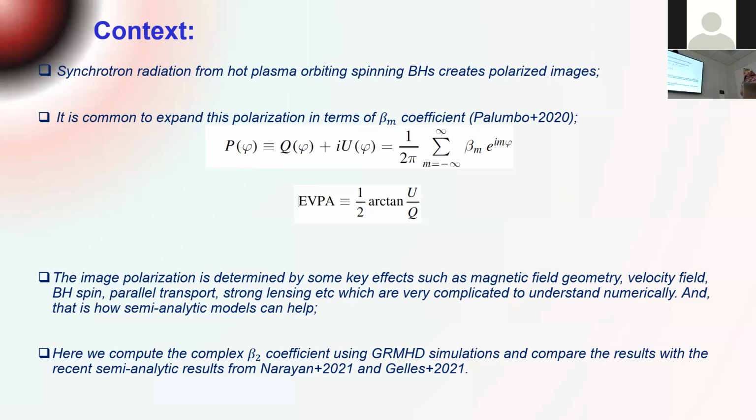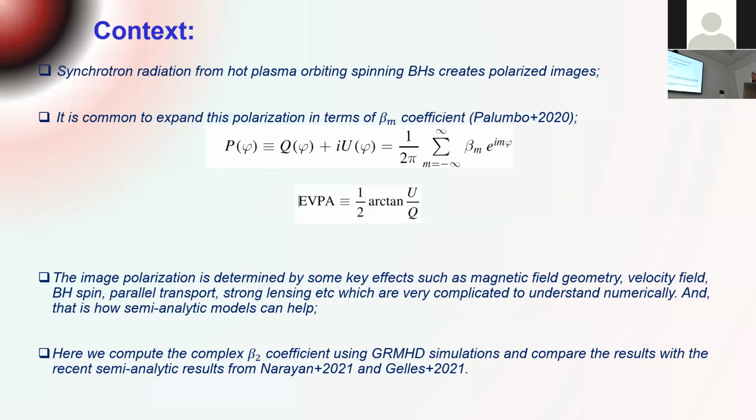So how could we potentially link them together? Ramesh did a super great work in an official paper by the EHT in which he collected all these different effects, completely analytically, semi-analytically, and tried to understand what's going on in terms of whether MAD or SANE are going to be favored, and so on and so forth.